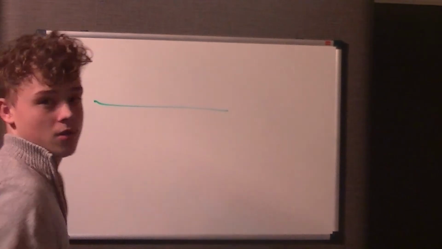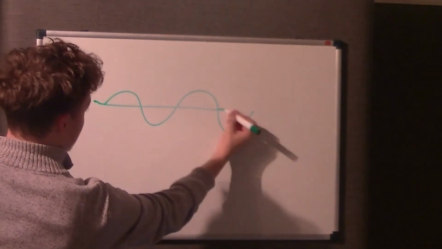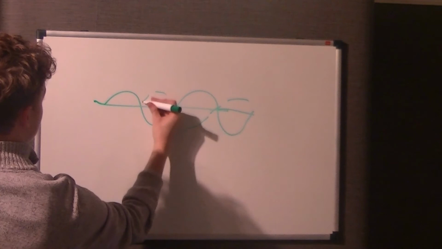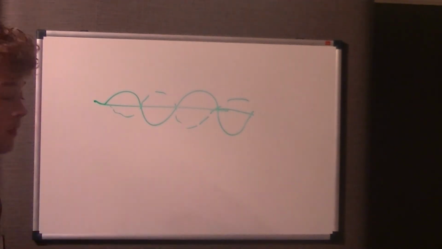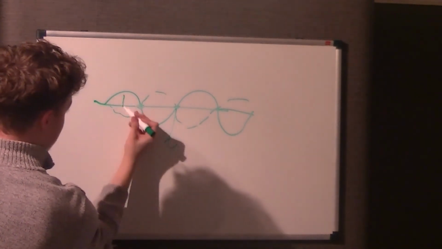This is how a standing wave is formed, just to give you a quick overview. A progressive wave goes one way, and the dotted line represents another going the other way. That is two waves, and then they create nodes and antinodes.